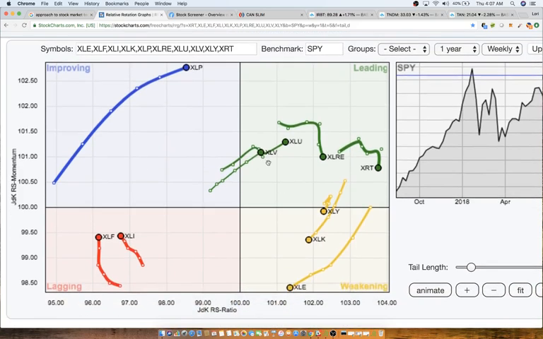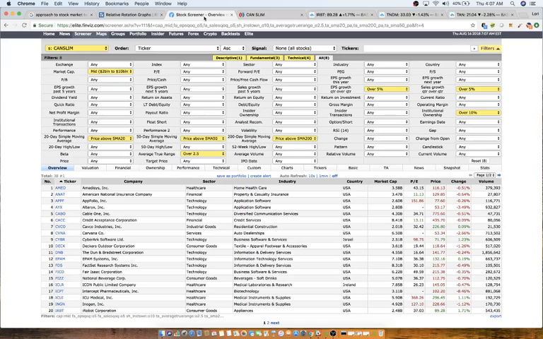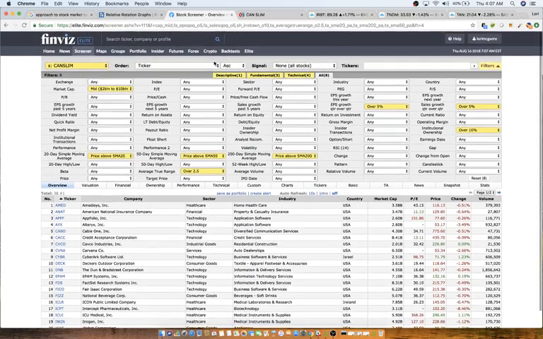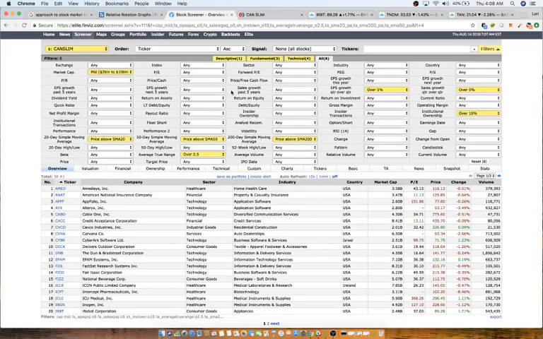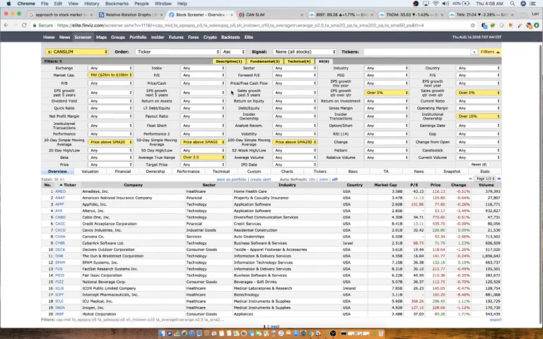So I used this leading quadrant over here to try to find some setups for swings. We have perused over 100 charts trying to find the best swings to bring to you. And how I found the charts was using partially the FinViz stock screener.